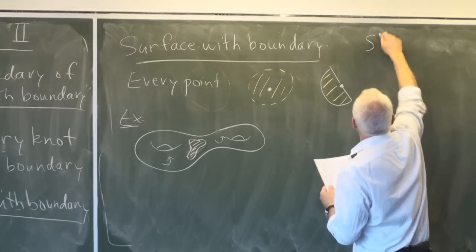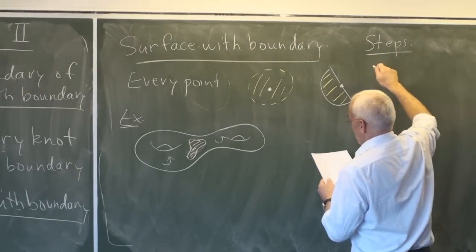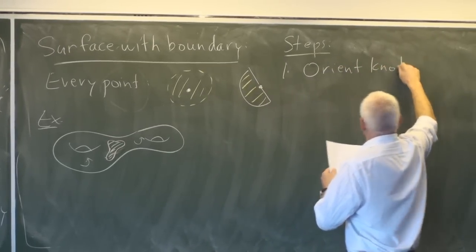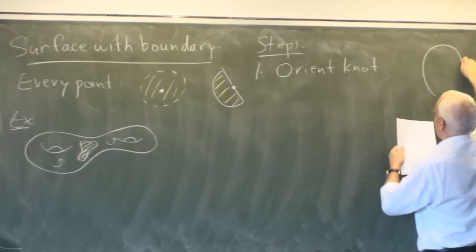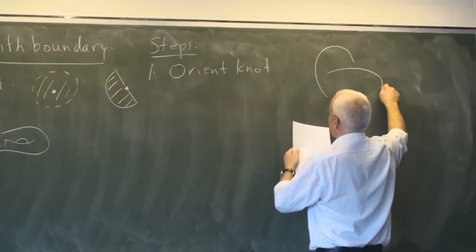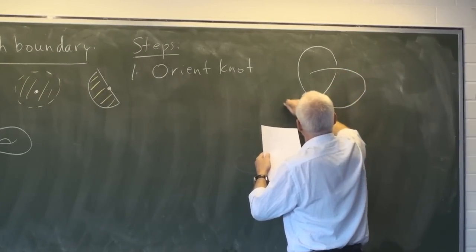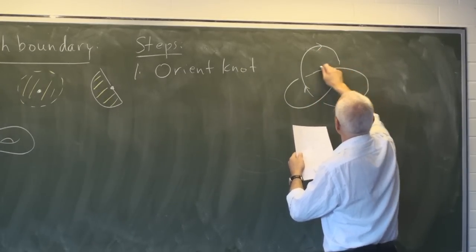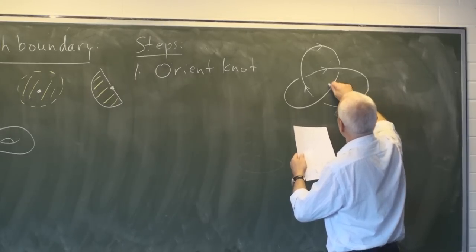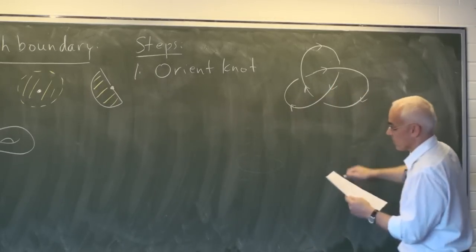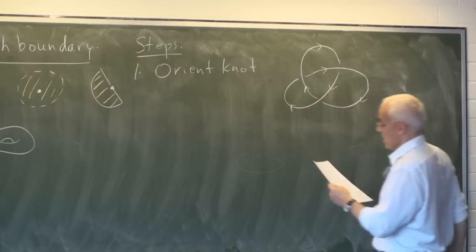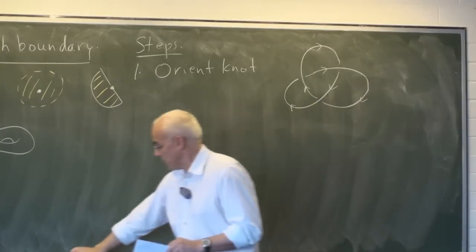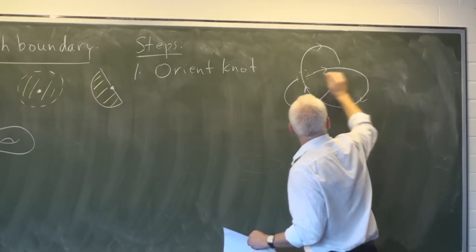So here are the steps. Step one is to orient the knot. Let's take a trefoil, and we'll orient it. So at each crossing, we're going to do something.